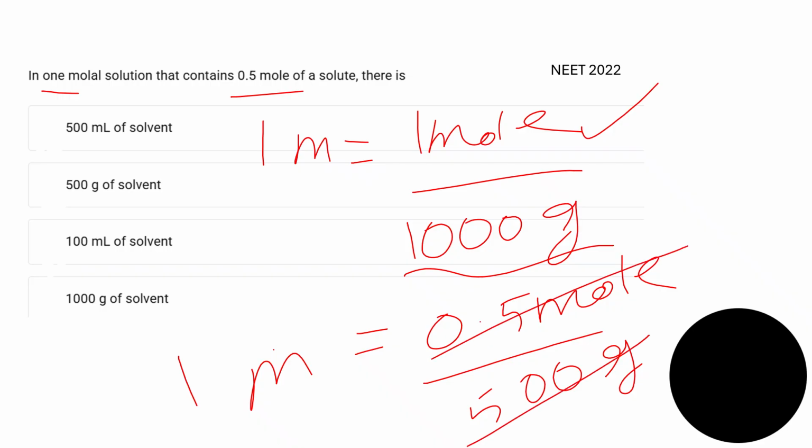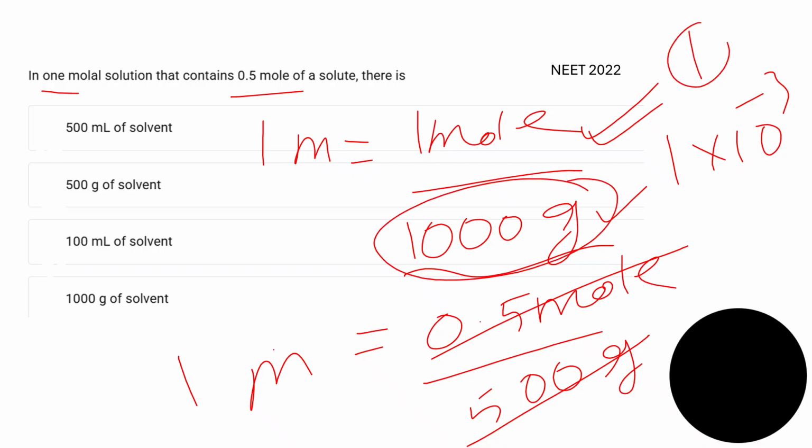0.5 divided by 500. That is nothing but 1 molar. That's it. Okay, because 1 molar contains 1 mole divided by 1000 g, which is 1 into 10 to the power minus 3.